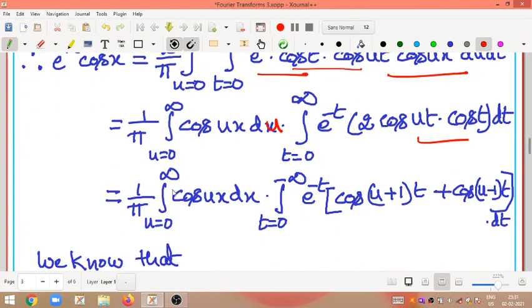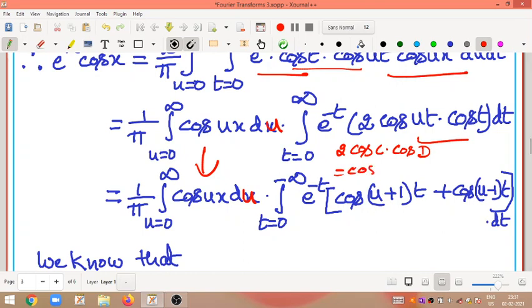See here, 1 by pi write as it is, this first term write as it is, next term here u. So integral t is equal to 0 to infinity into e power minus t, into this one formula we want to apply: 2 cos c into cos d formula.